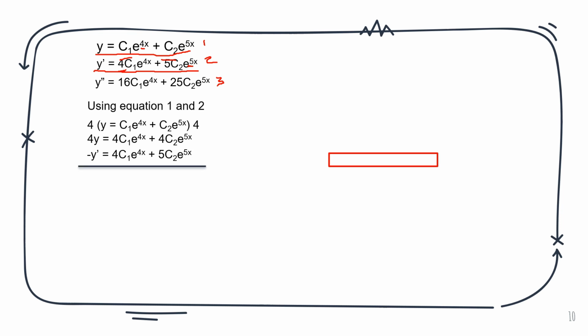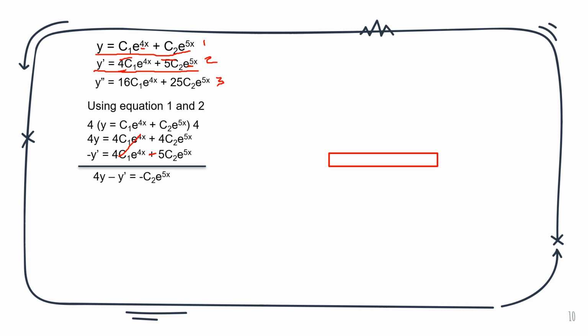So, ang mangyayari dyan, maka-cancel to. Ang matitira na lang ay 4y minus y prime is equal to negative c2 times e raised to 5x. Kasi to, magiging negative to. 4 minus 5 is equal to negative 1.